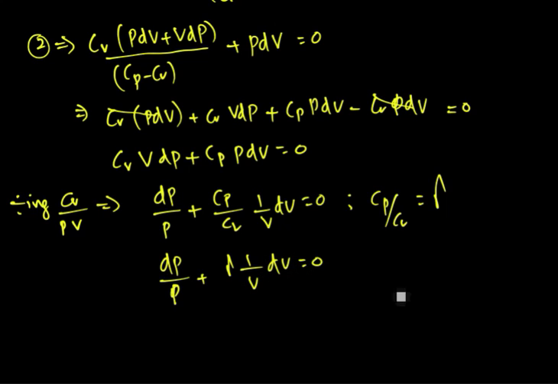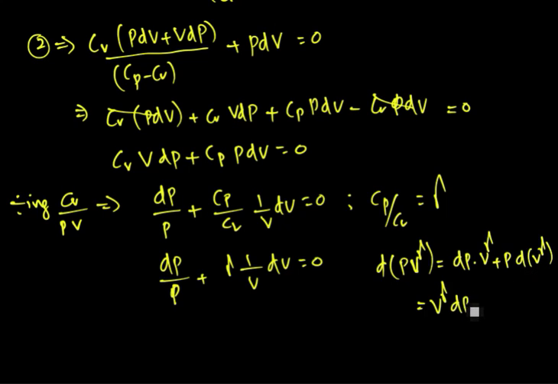Now if you consider the differential of P V raised to gamma, it can be represented as dP into V raised to gamma plus P into the differential of V raised to gamma, which will be equal to V raised to gamma into dP plus P into gamma into V raised to gamma minus 1 into dV.